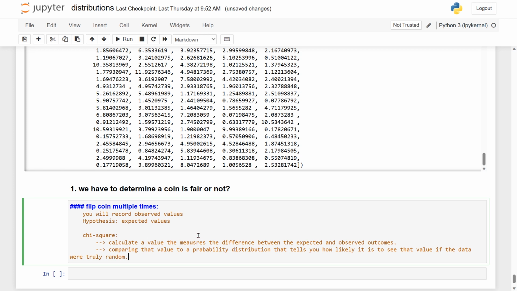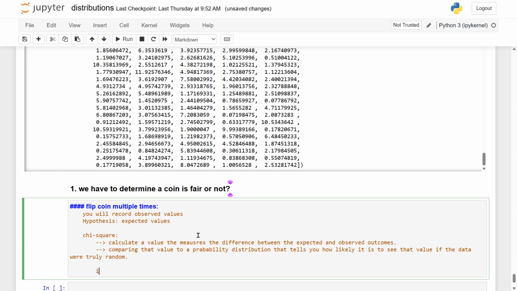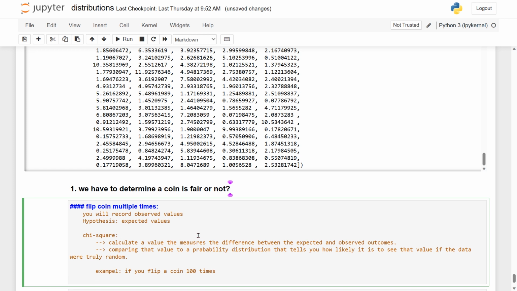So that's it. For example, if you flip a coin 100 times, let's take it as 100 trials, and you expect to see, so my expected values for heads is equal to 50, and for tails is equal to 50, because my hypothesis is this is a fair coin.